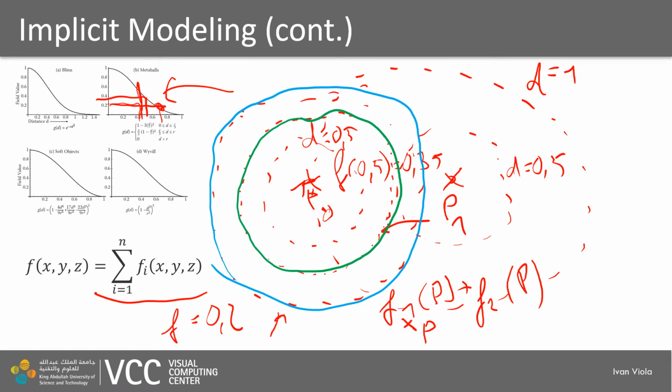We can see that, for example, at a position which is outside 1 for the P0, there will be only contribution, if at all, from the P1.